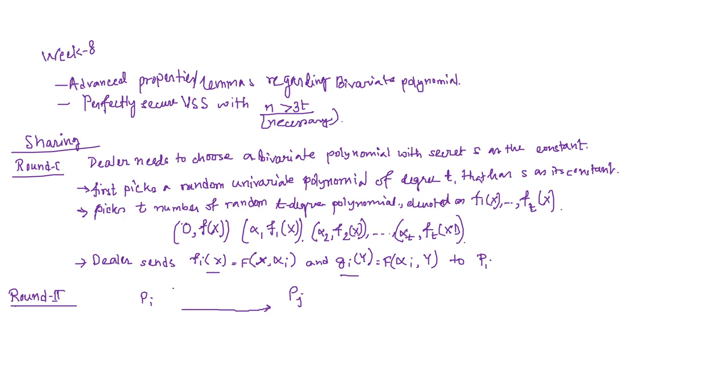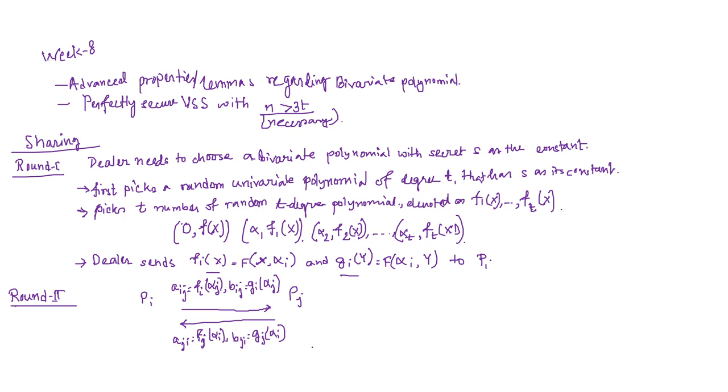So in round 2, Pi sends to Pj the value denoted with Aij. This is Fi(x) is with Pi, so it will evaluate Fi(x) at point alpha j, and it will also evaluate Gi(y) at point alpha j, and Pj will also send Aji, which is evaluation of polynomial Fj(x) at point alpha i, Bji, which is evaluation of polynomial Gj(y).